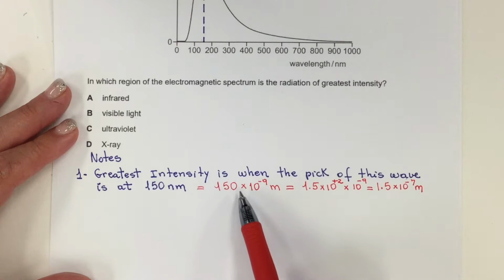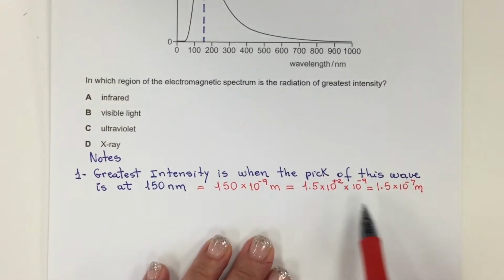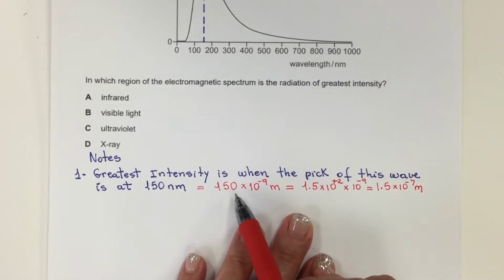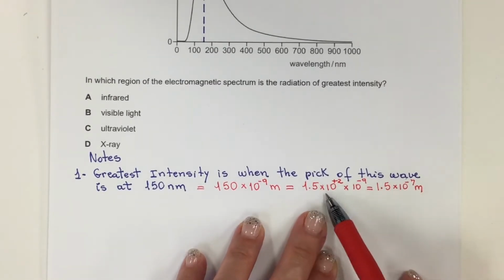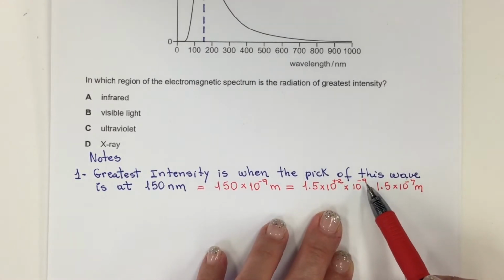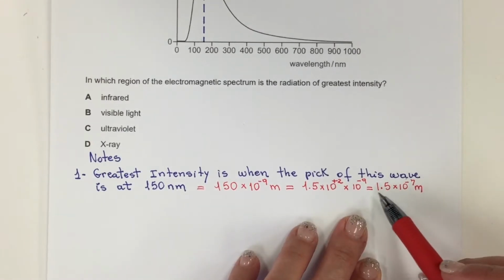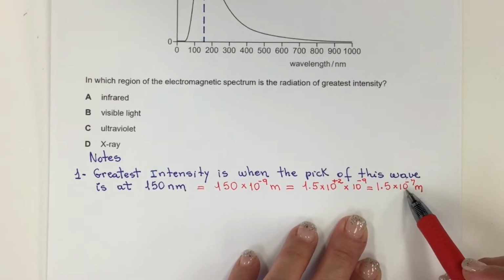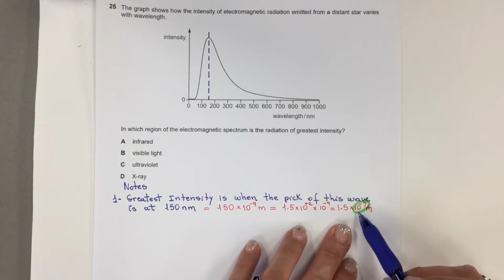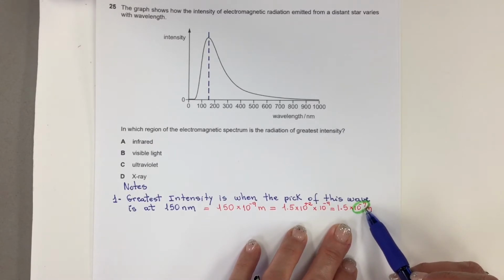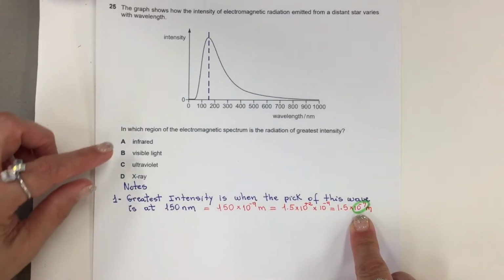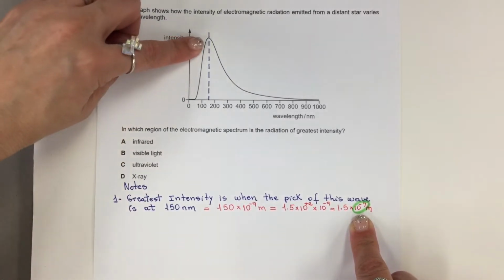To simplify, using scientific notation, 150 will be 1.5 times 10 to positive 2 times 10 to negative 9. That gives us 1.5 times 10 to the minus 7 meter. Now, with this information, 10 to the power of a negative exponent, we can identify which region this peak is in.